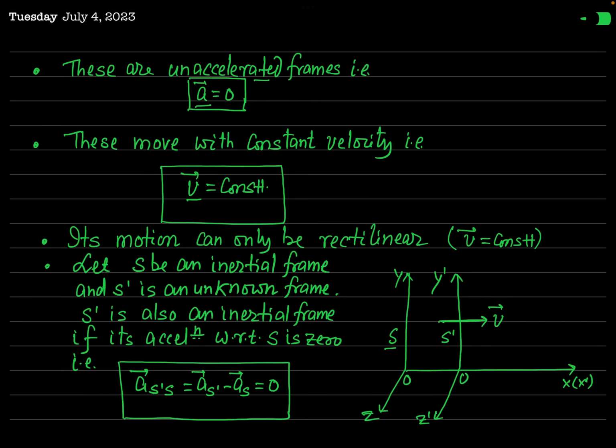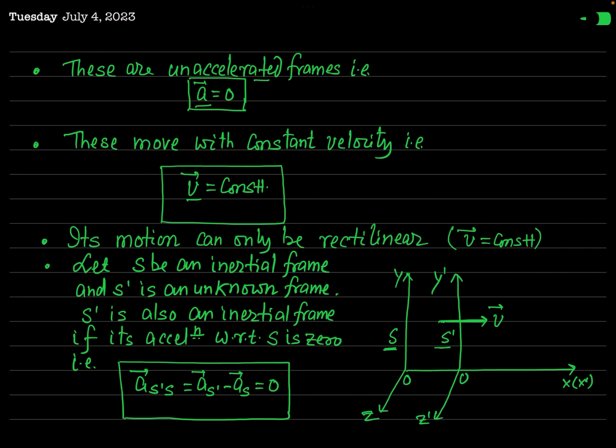If your aim is to know which type of frame S dashed is, you can easily check it, but only when you already know about some inertial frame. As you know, S is an inertial frame and S dashed is an unknown frame. Then to know whether S dashed is an inertial or non-inertial frame, you must find the acceleration of the unknown frame with respect to the inertial frame.